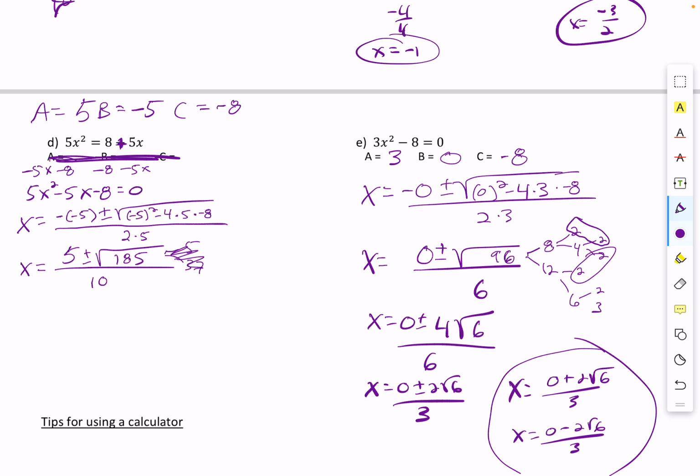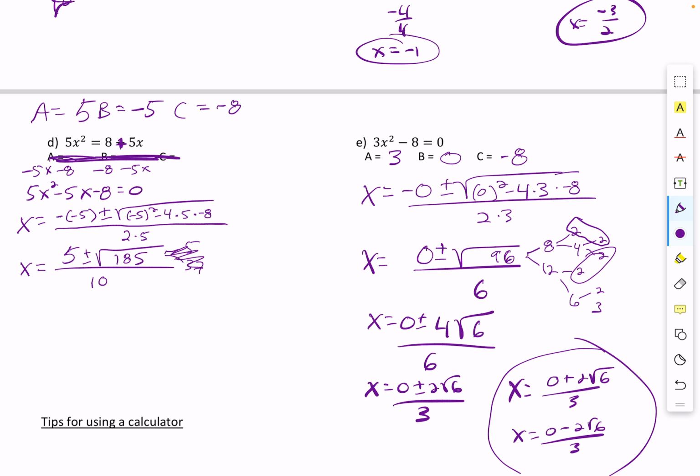Okay? Now I'm ready for the reduce step, but you got to be careful here because I'm looking at 5, 10, and 1, not 5, 10, and 185, right? Because 185 is under the radical, so it's not like terms. So nothing reduces in this fraction because nothing goes into 1, the invisible number in front. Okay? I don't reduce it with the 185 because that's the radical.